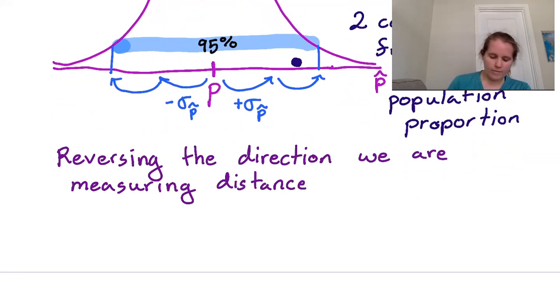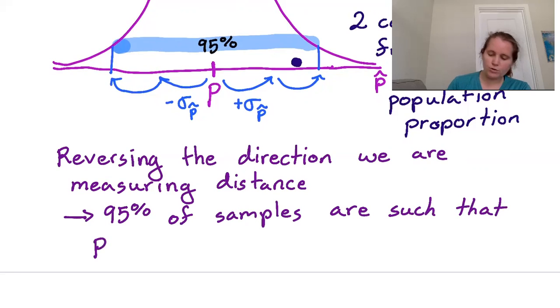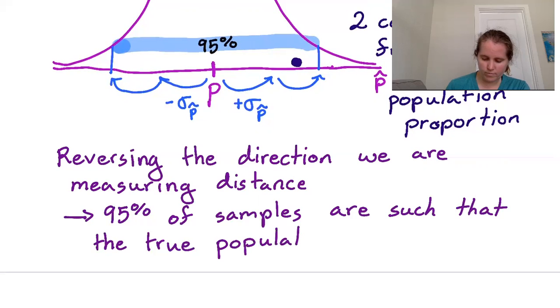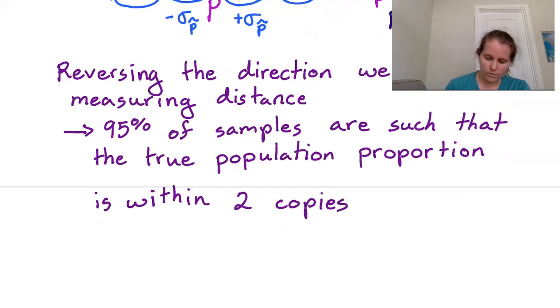We could also say that 95% of samples are such that the true population proportion is within 2 copies of sigma sub p-hat from p-hat.